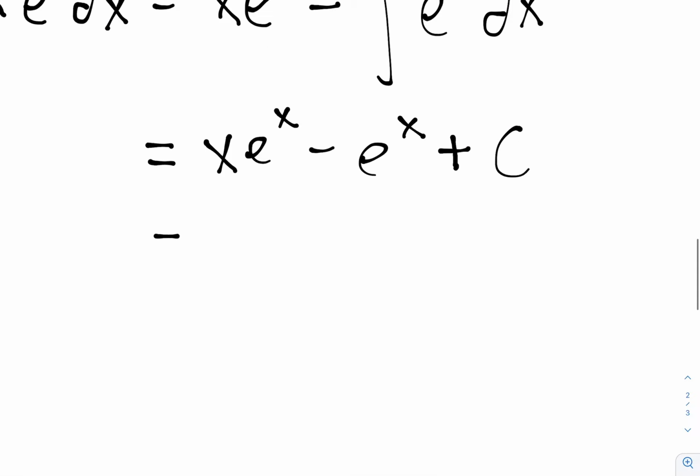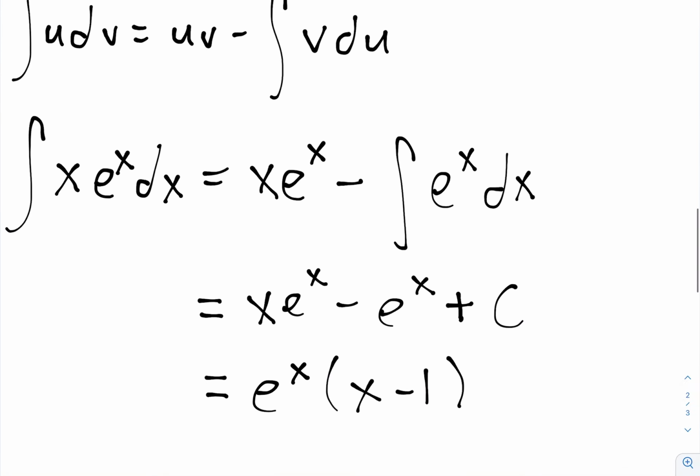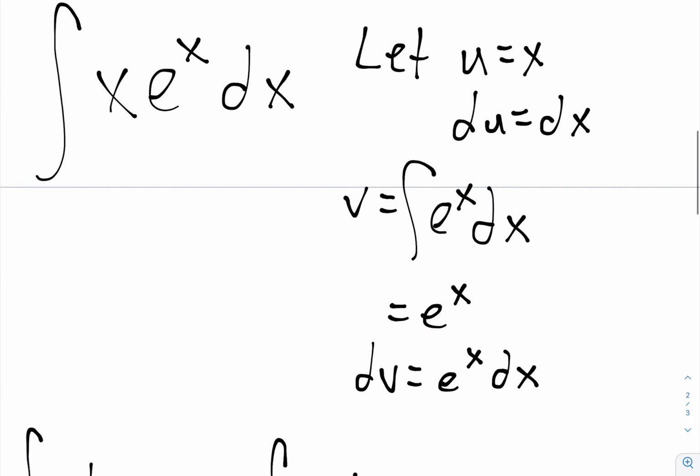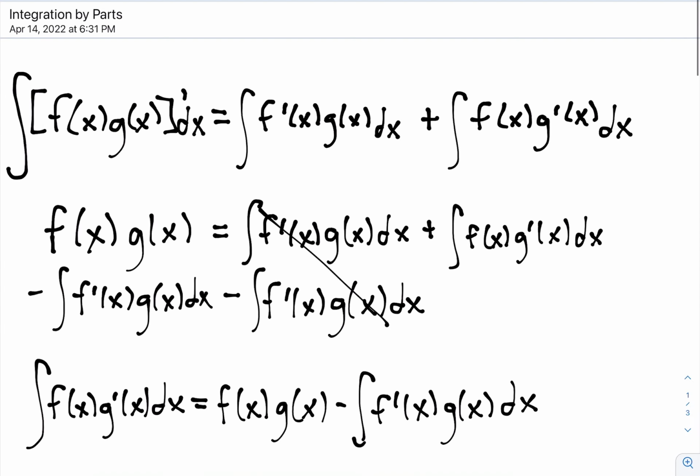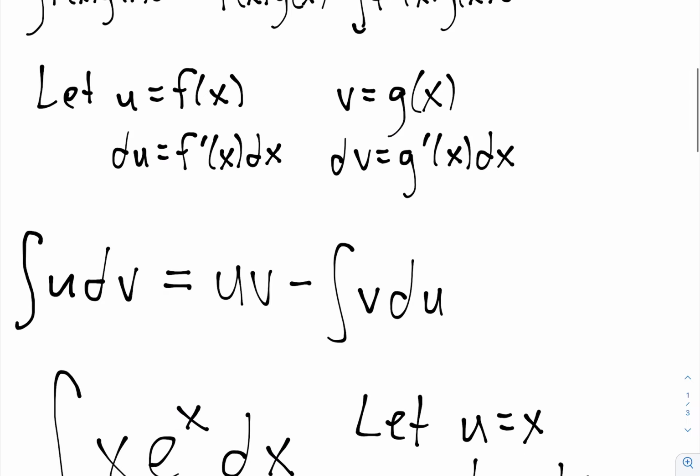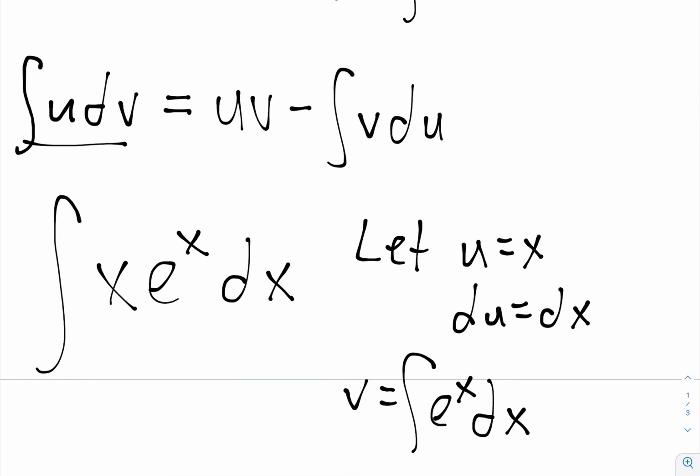You could leave it as this, or you could factor out the e to the x. Doesn't really matter. Both answers are right. But this is the basic intuition as to what integration by parts does. We start with something like the integral of u dv, the integral of x times e to the x dx, which we can't quite integrate with the stuff we already know how to do.